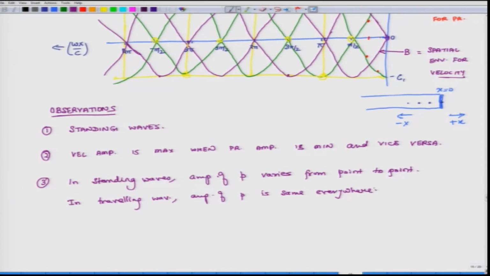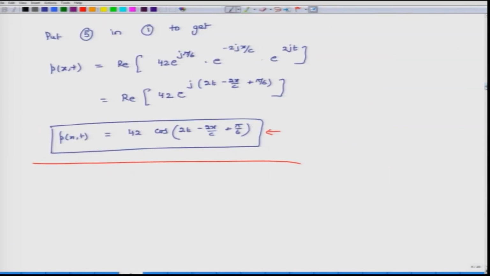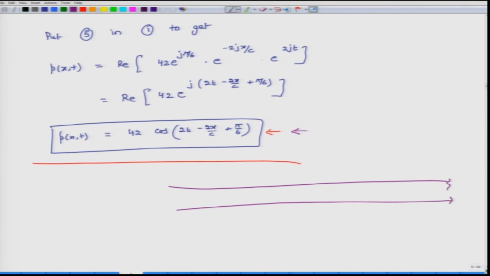If we go back a couple of lectures, this is the equation for a travelling wave which we had developed, for a wave travelling in an infinitely long tube, being generated from this end: 42 cosine of 2t minus 2x by c plus pi over 6.